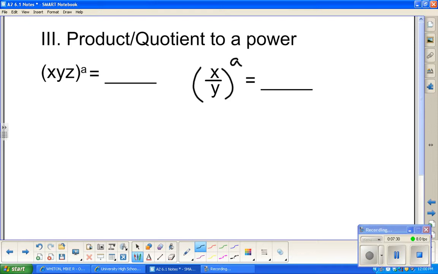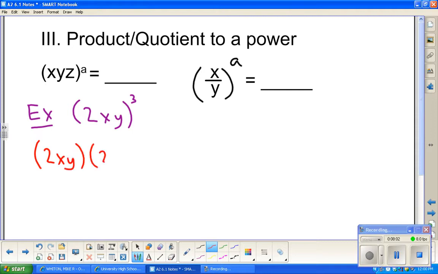Okay, so let's put a small one up here. Okay, so how would we simplify that? Can we expand it, write it times itself 3 times, if you want? This is kind of the long way, so if you got the answer quicker, that's good, but say we forgot the rule, we expand it out. What ended up happening?